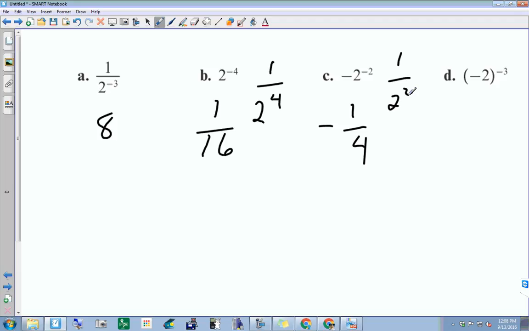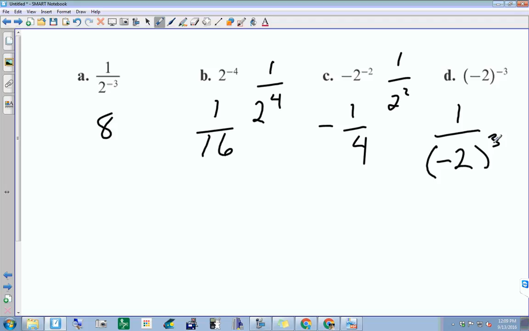Okay, so I've got that negative up here, correct? So does that mean I rewrite it like this? 1 over parentheses negative 2 to the 3rd power. Would you agree with that? Okay. So what is 2 times 2 times 2? 2 times 2 is 4, right? Times 2 again is 8.